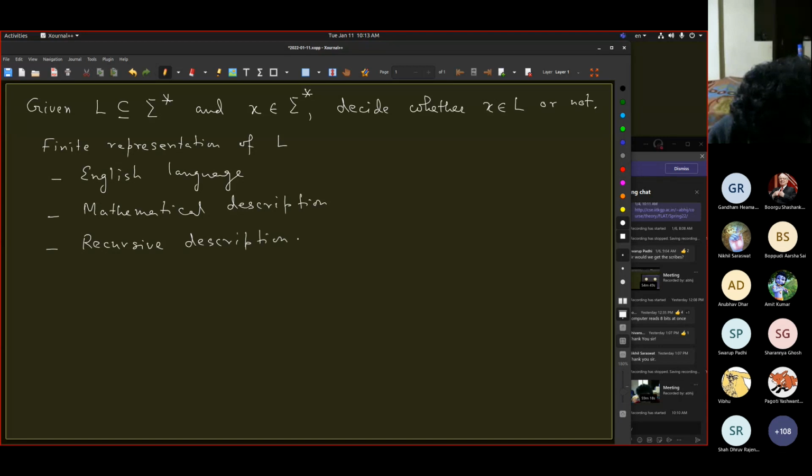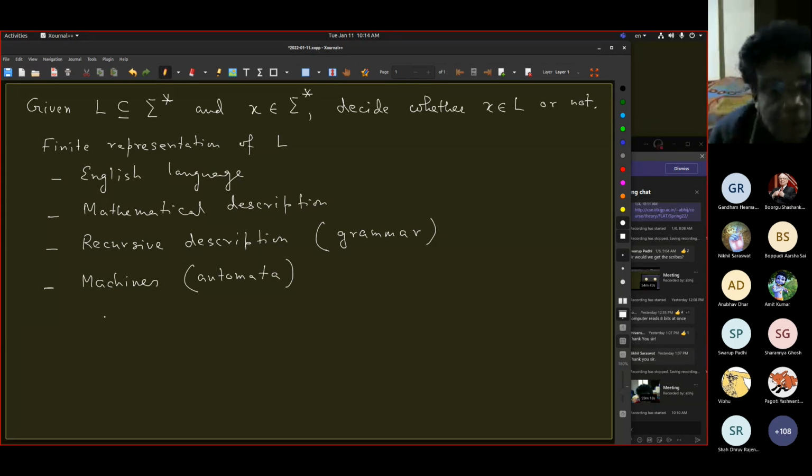And this recursive description is in this context called a grammar. Finally, we will also see that we can design machines equivalent to these grammars, by machines called automata. Okay, so we will start building simple machines today itself.